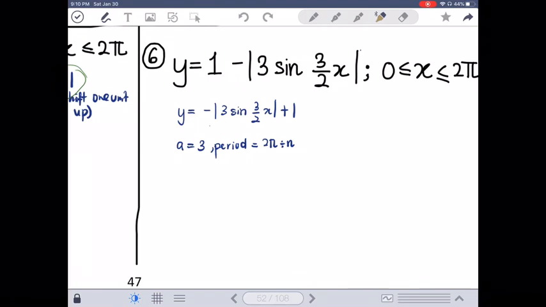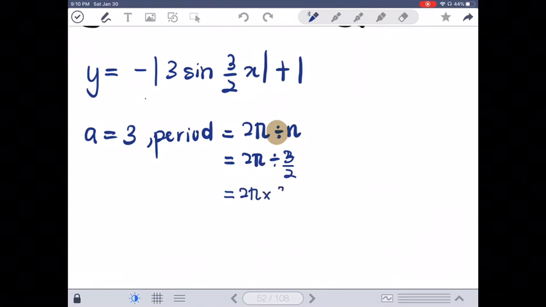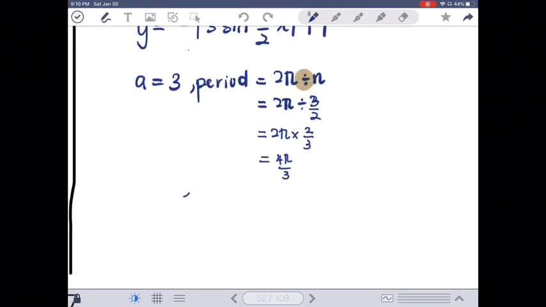I like to use the symbol divided because our n is in the form of a fraction. So we will have 2 pi divided by 3 over 2. So it becomes 2 pi times 2 over 3, which is 4 pi over 3. Means that there is one cycle in every 4 pi over 3.